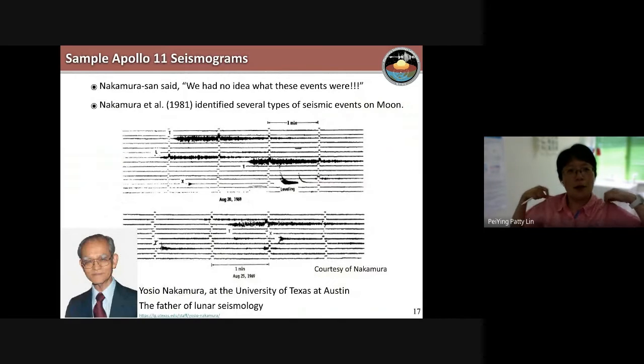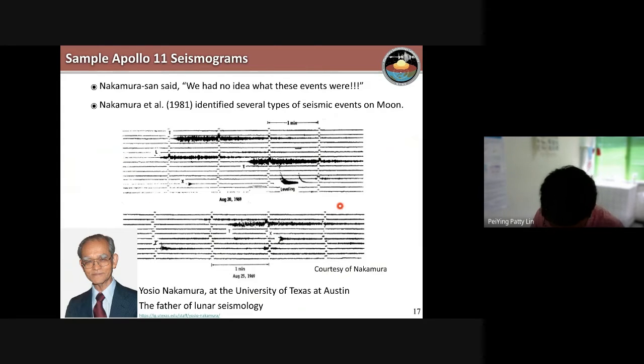This is a sample of Apollo 11 seismograms. Yoshio Nakamura, at the University of Texas at Austin, said that when they received this record, they had no idea what these events were, because this was the first time we had a seismometer on the Moon, or on another planet, and the signals didn't look like earthquake signals.